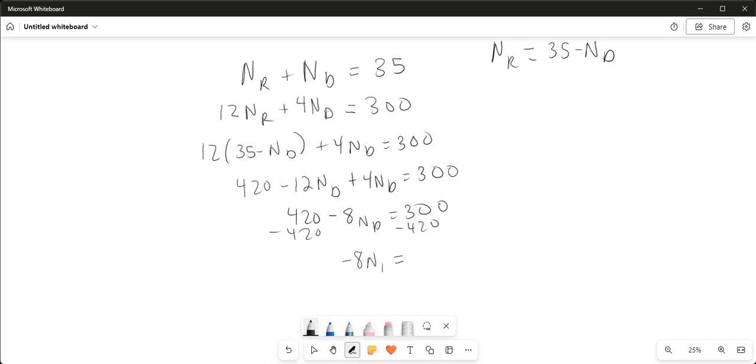Okay, 8 and D, so a 1, 20 divided by 8 is 15. So the number of daffodils is 15, and that means the number of roses is 20.